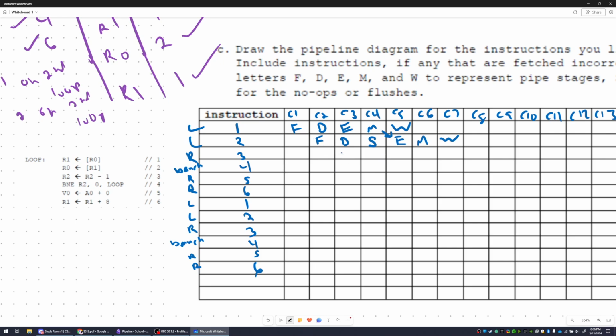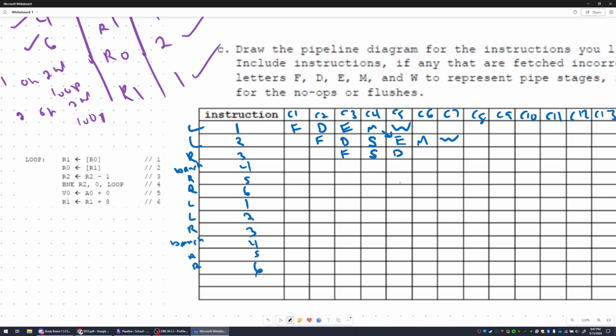Next one, you keep on staggering these. So fetch is fine. Whenever you have a stall, this whole column will have to stall from below. So this has to be a stall, and then it can decode after that, because unless there are stalls, fetch and decode never have any conflict. So you can blindly put those in, accounting for stalls.